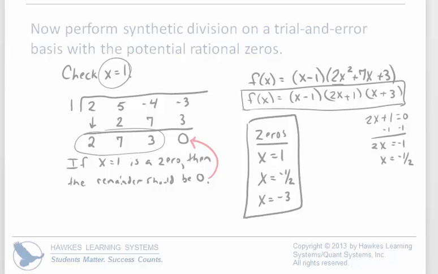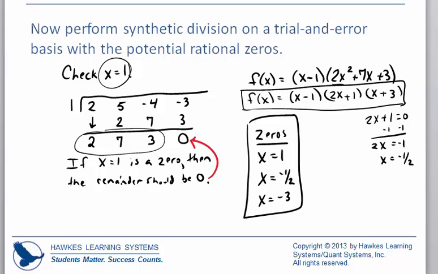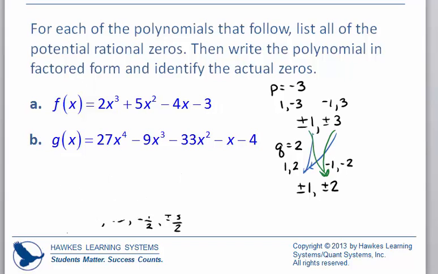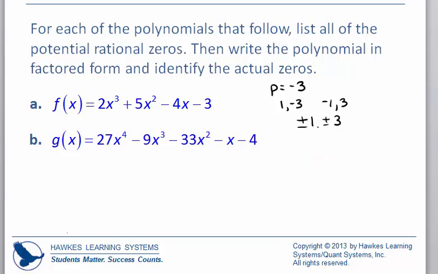So part B gives us a little more complicated problem. Let me erase all this. All right, we're going to do the same kind of thing here. We're going to identify our P as the number that sits by itself, and our Q as the leading coefficient.